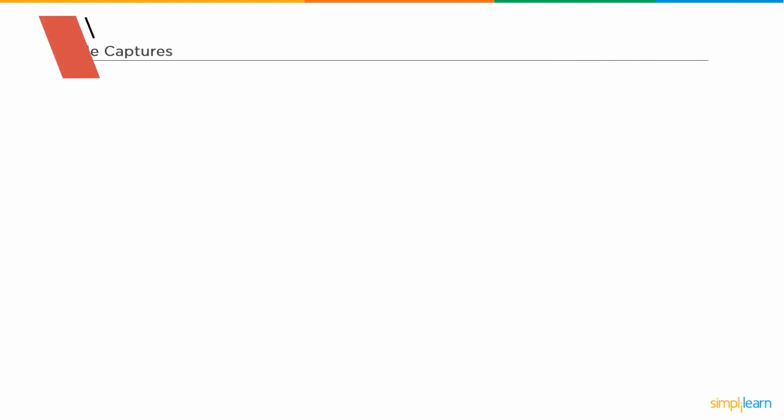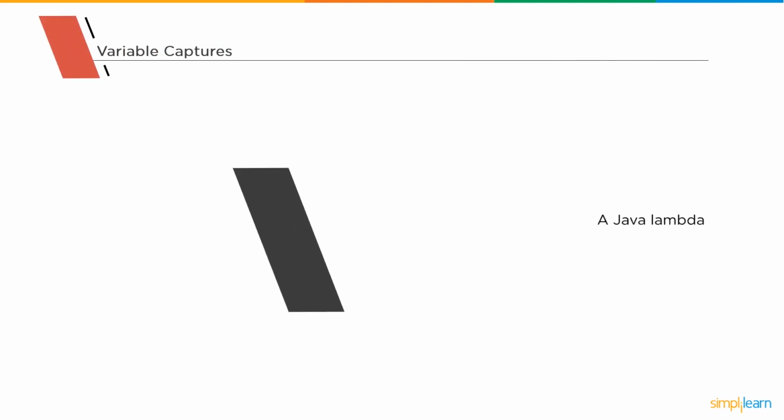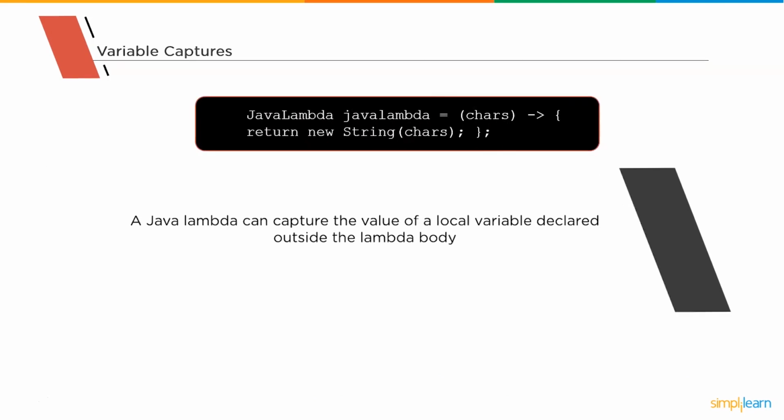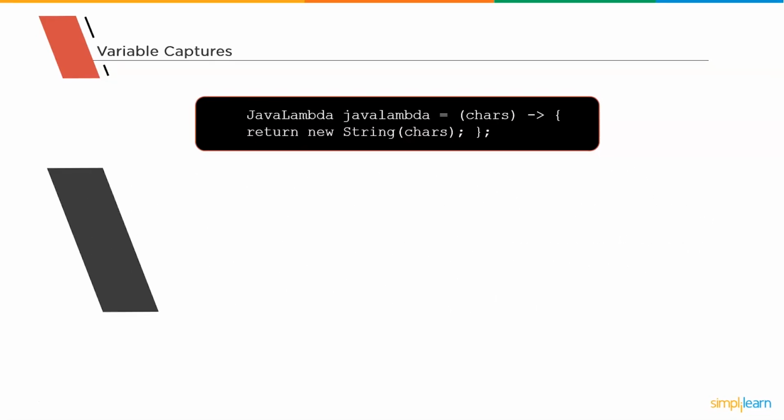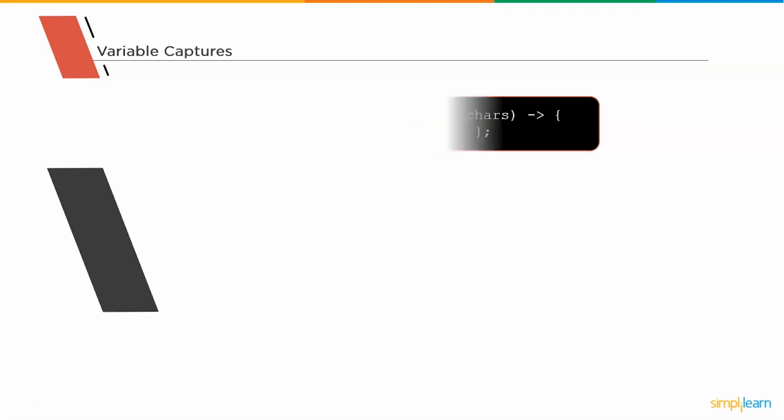First, we will understand local variables. A Java Lambda can capture the value of a local variable declared outside the Lambda body. Now look at this Lambda expression that implements a Java Lambda interface. Right now, this Lambda expression is only referencing the parameter value passed to it, but we can change it.